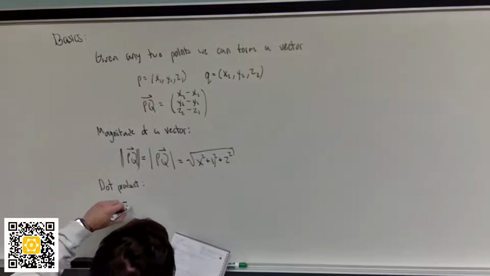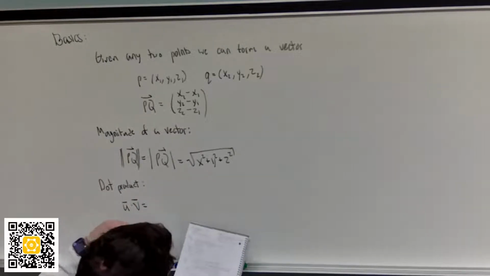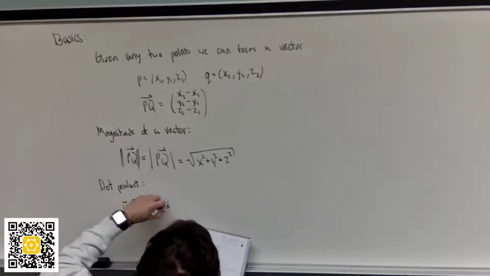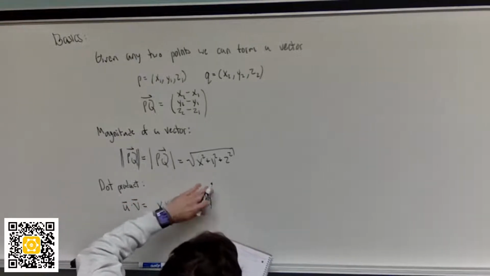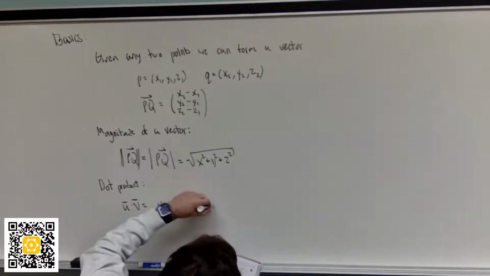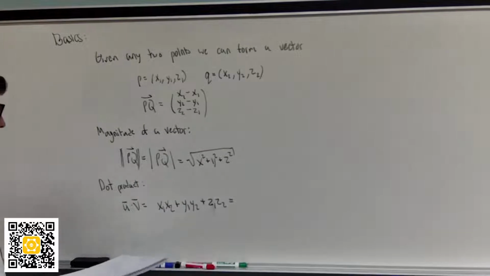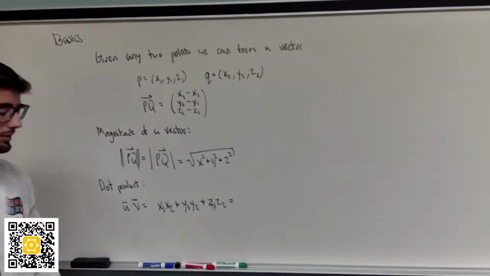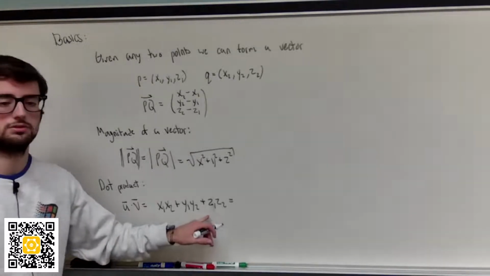Let's say we have u dot v. It's x1 x2 plus y1 y2 plus z1 z2. So it's the product of each element in each vector, and the sum of that.